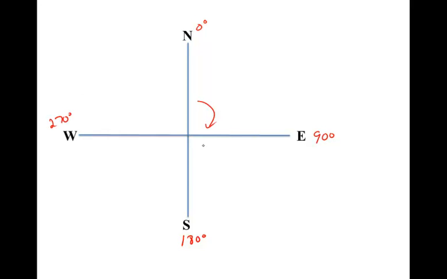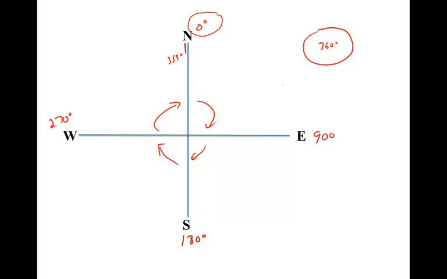In other words, we keep measuring around in a clockwise direction. One full circle is 360 degrees, such that by the time we get almost all the way back to north again, we've gone 359 degrees. We go one more degree, we're at 360, we're back at north again, we're 0 degrees.